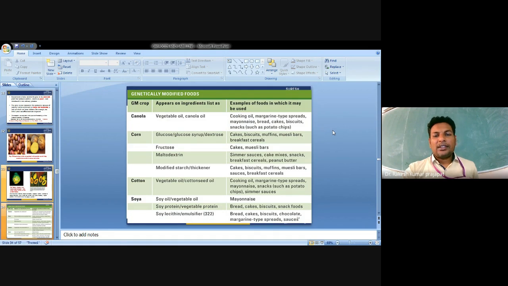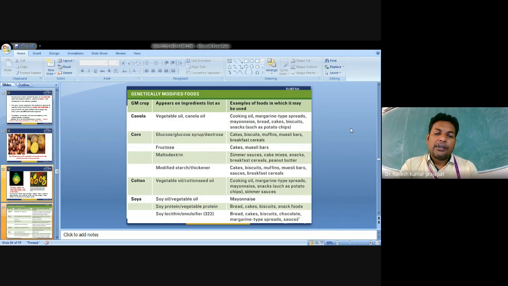Glucose and glucose syrup can be used in cake, biscuits, muffins, muesli bars, and breakfast cereals. Fructose is used in cake and muesli bars. Maltodextrins are used in sauces, cake mix, snacks, breakfast cereals, and peanut butters. Modified starch and sugar are used in cake, biscuits, muffins, muesli bars, sauces, and breakfast cereals.